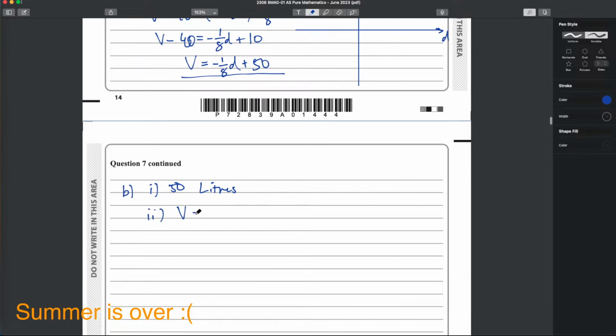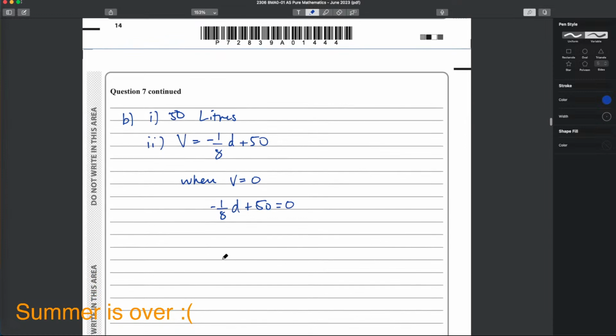So we have our model. When V equals 0, we have negative 8d plus 50 equals 0. So d equals 50 times 8, 400.